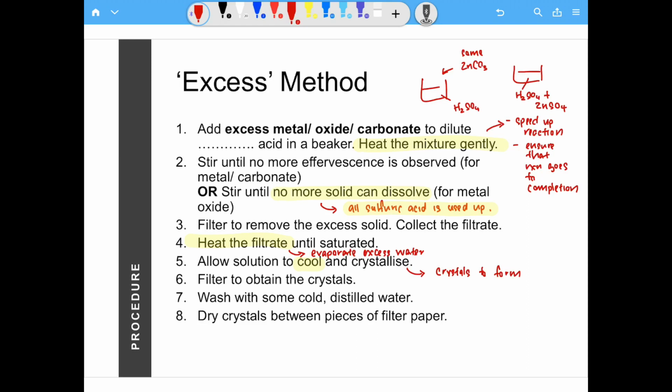So the reason for adding excess of the insoluble solid is so that we can easily remove the excess reagent in the form of a solid by a simple filtration. If we don't add excess of the solid, we will end up with a mixture of two solids that are soluble in the same solvent, and they cannot be separated.